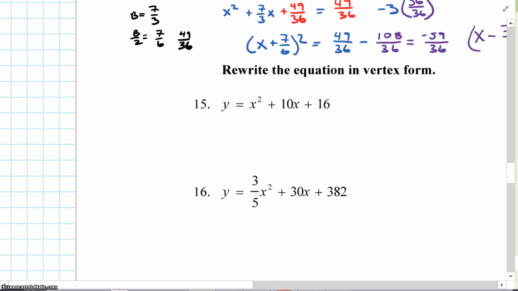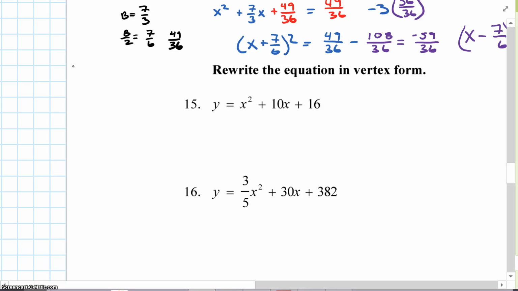So let's rewrite it over here so we have a little bit of room. I have x plus 7 over 6 squared equals negative 59 over 36.